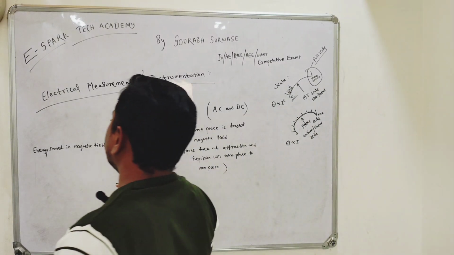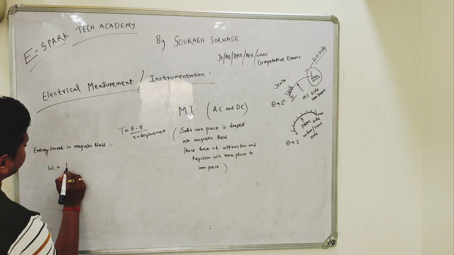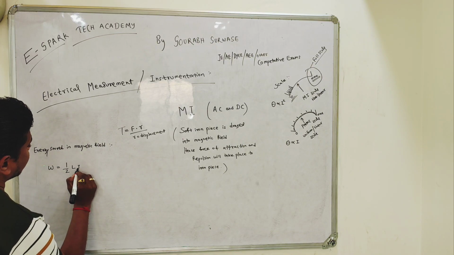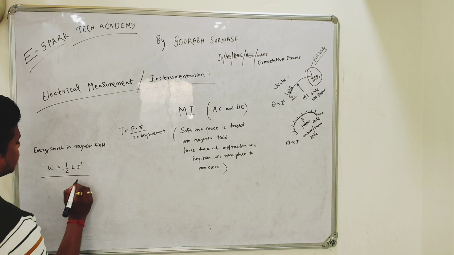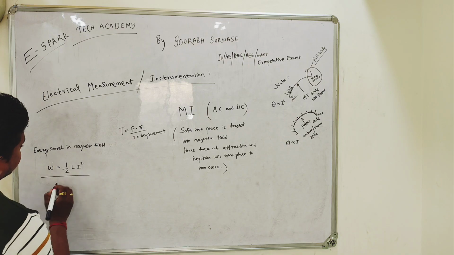So energy stored in inductor, you know very well, the energy or work done or energy stored in inductor will be half L into I square. Already this equation has also been derived in the chapter of magnetic field. You can go through that lecture also.